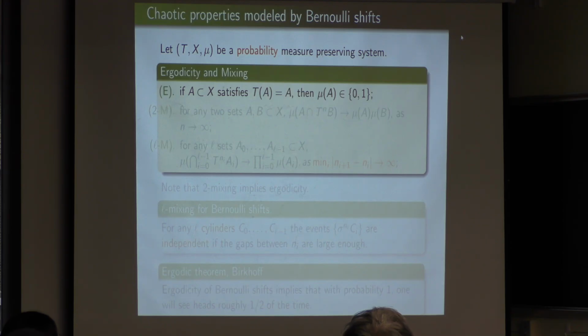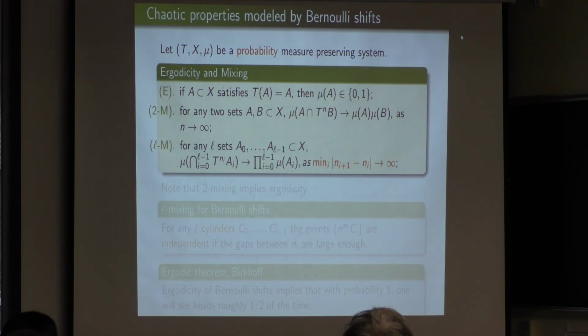And then two more notions, mixing and L mixing. This is the notion of independence. If I take two events and let one of them evolve, they should become asymptotically independent. That's two mixing.